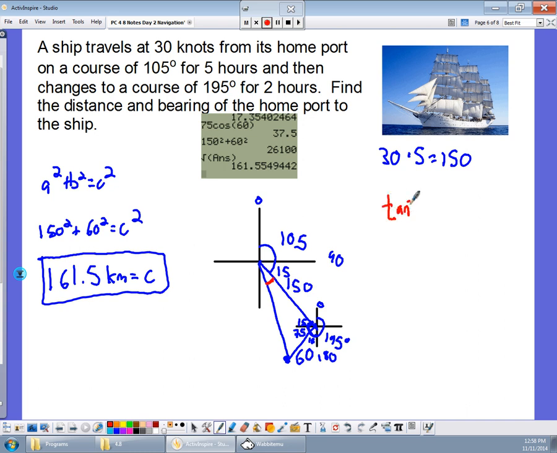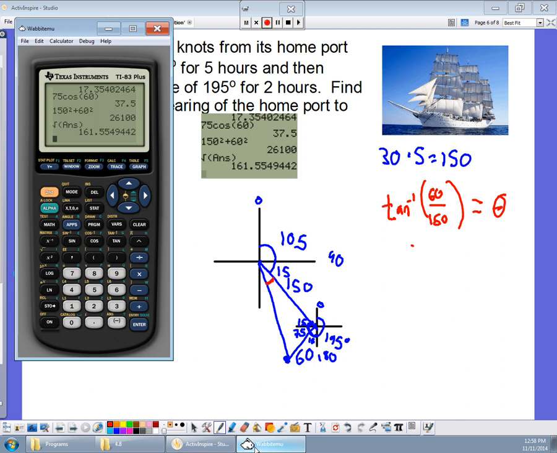So I can do inverse tangent of opposite over adjacent, and that's going to give me theta. So inverse tangent of 60 over 150, and I get 21.8.